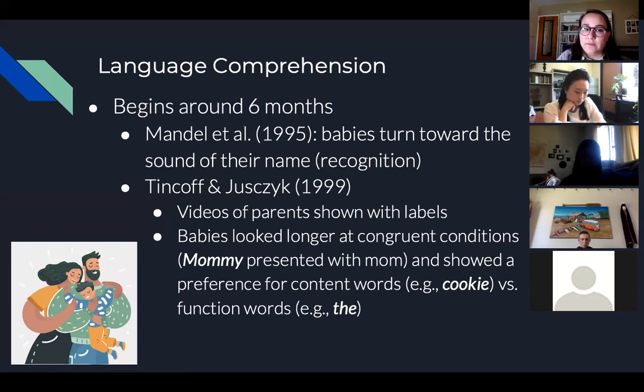And the same thing happened when the video of the dad and the daddy label were presented at the same time. So this idea that these congruent conditions, this match between the visual of mom and the verbal mommy, meant that these babies were looking longer at it. And the idea is they're looking longer because it makes sense. It's something that they understand.